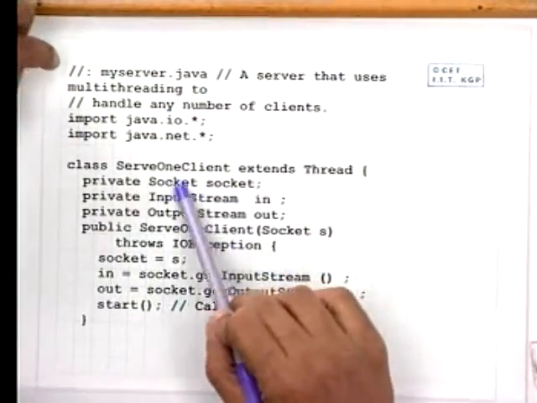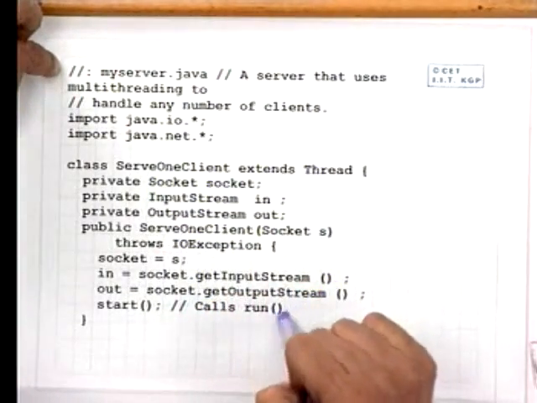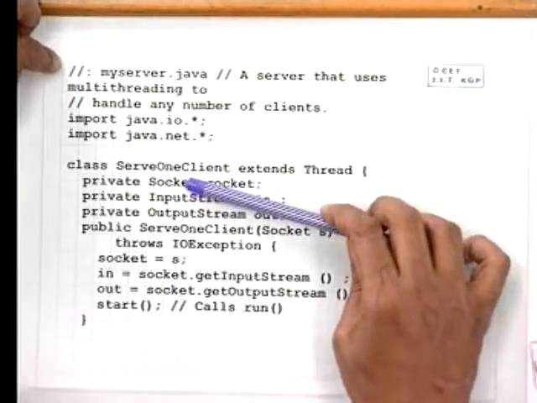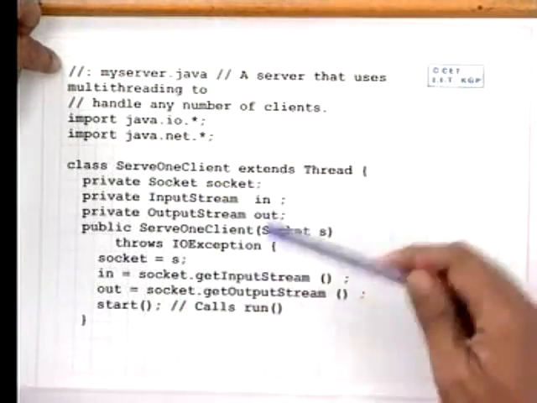This thread is supposed to do the servicing of the client's request, and here we define this class ServiceOneClient, in which we go on serving requests of one client at a time. Then we look at the server, where the server will invoke this client and then go back and continue with its own job of listening to the socket.